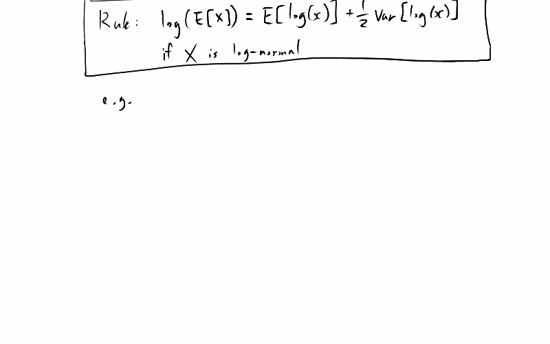So the example I'm going to use is the utility function equal to negative the exponent of negative 4x over 4. Now, let me write out everything.